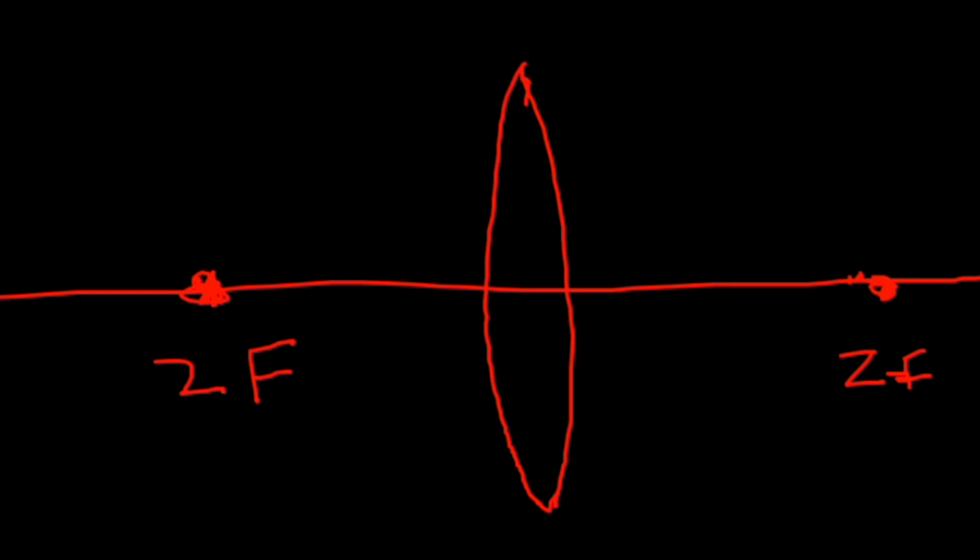Draw a vertical line at the middle of the lens. The point at which the vertical line intersects the line, mark the dot and name it O. O means optical center.